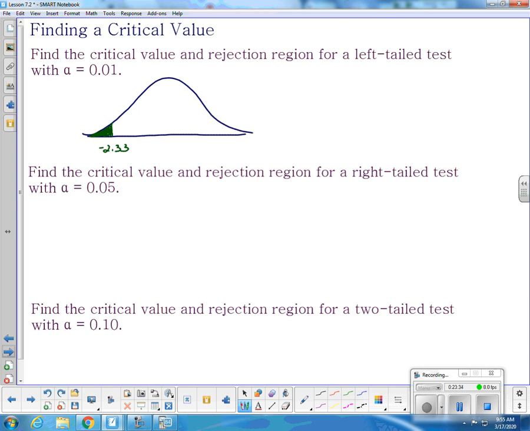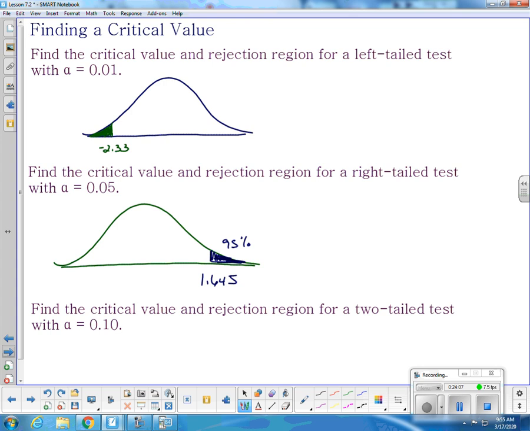0.05 for a right tail test. So 0.05, that would be 95%. Right tail test, we're going to be over here. So go to 0.95, and that's going to be 1.645, which relates to 95% on your z-score chart.